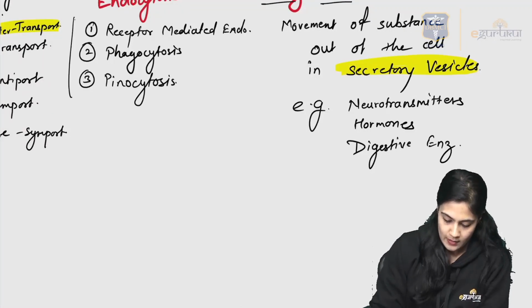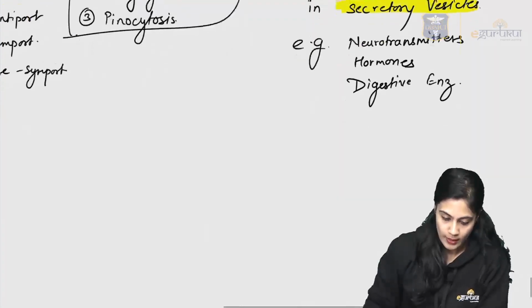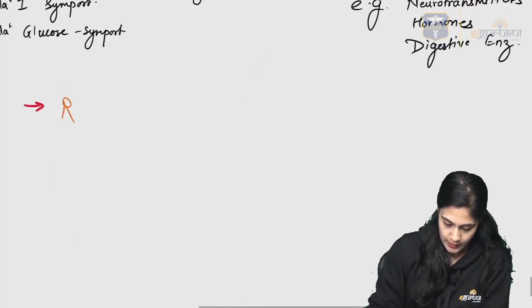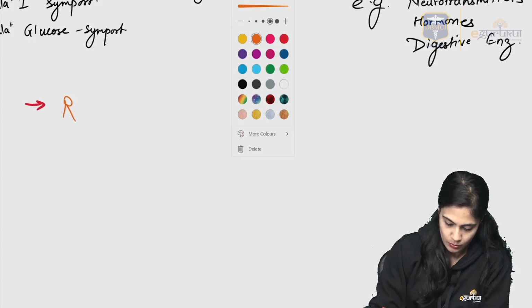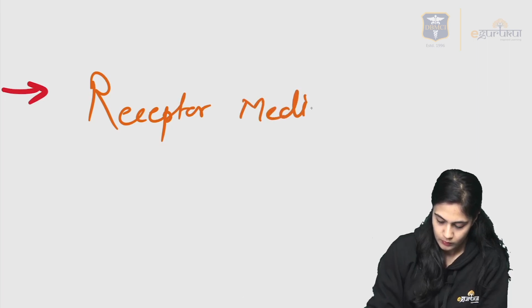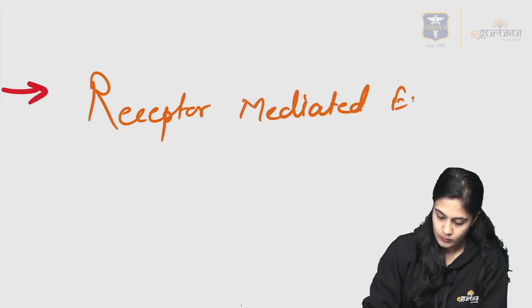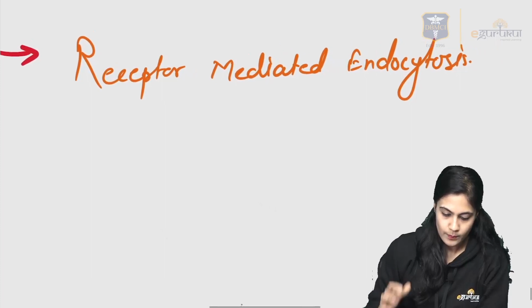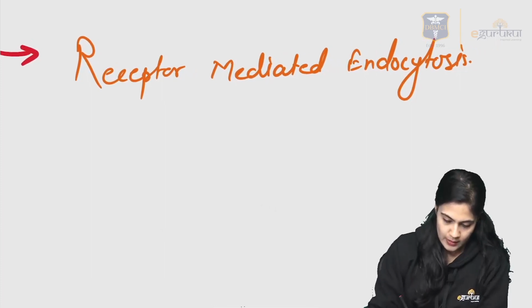Now let's discuss the endocytosis one by one. First of all, coming to receptor-mediated endocytosis. What happens in this is there is a ligand, right.